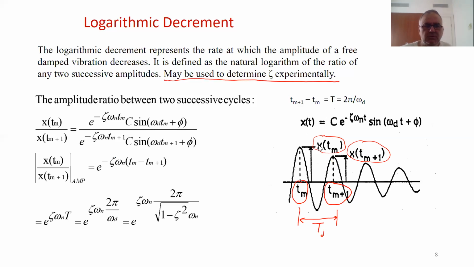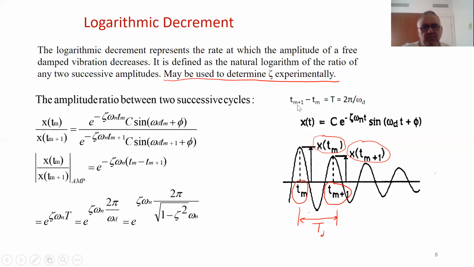Now, the solutions to each of these are as follows. I used x before, here I use c. It is an exponential envelope times the amplitude times a sine term. And for the second one, you have the same thing at time equals Tm plus 1.